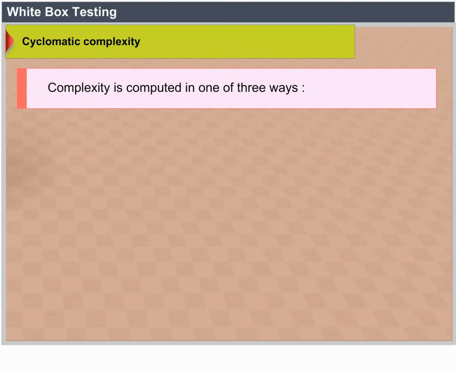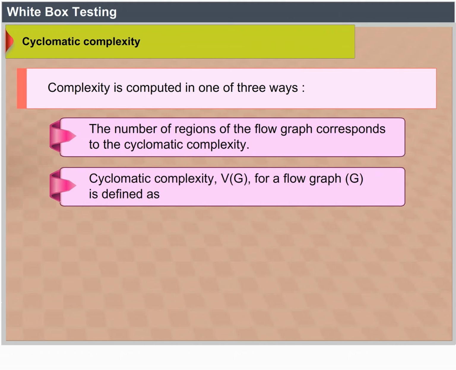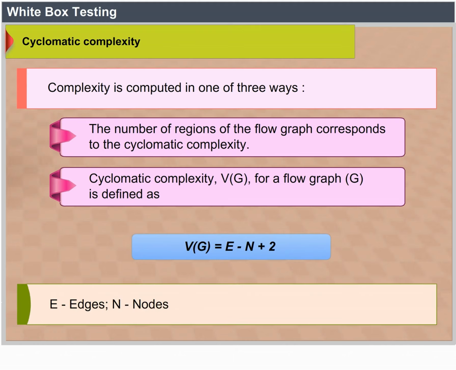Complexity is computed in one of three ways. The number of regions of the flow graph correspond to the cyclomatic complexity. Cyclomatic complexity, V(G), for a flow graph G is defined as V(G) = E - N + 2, where E stands for edges and N for nodes.